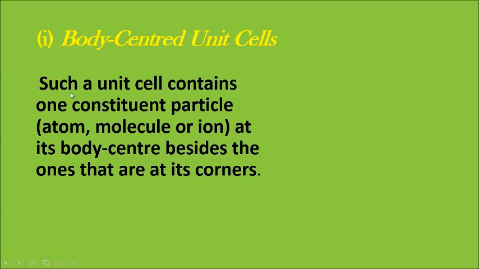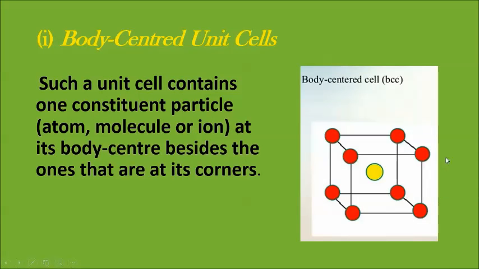From the name itself we can understand that body means the body center of the simple cube. If a constituent particle is present there along with the 8 corners, then we can name it as a body centered unit cell. Such a unit cell contains one constituent particle, that is, an atom, molecule, or ion, at its body center, besides the ones at its corners.